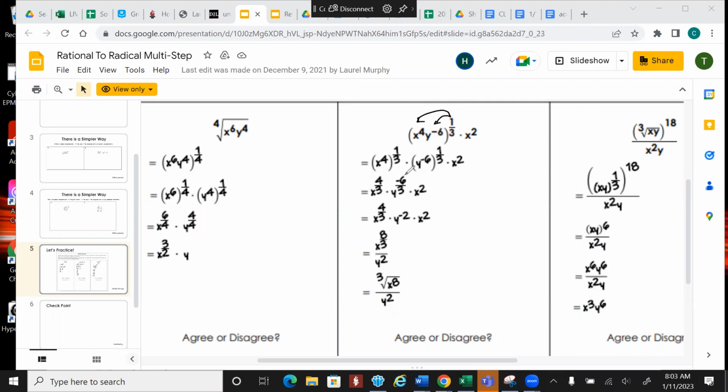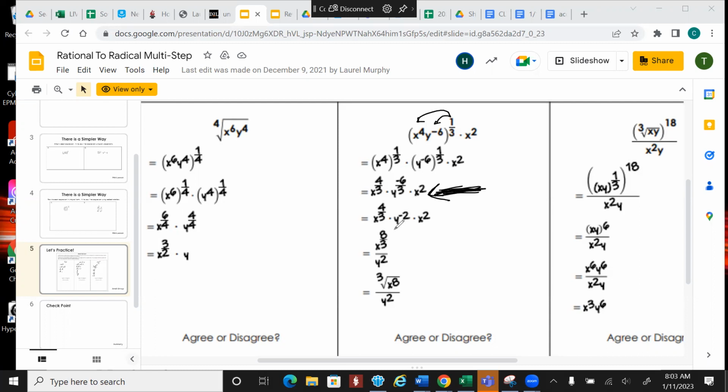You've got a power raised to a power, so what are you going to do? Multiply. Good. So we multiply those exponents. Okay, they did everything right there. And then what are you going to do on this row? So you add the exponents. Good. Okay, so you're going to add those exponents, and you could simplify this -6 divided by 3.